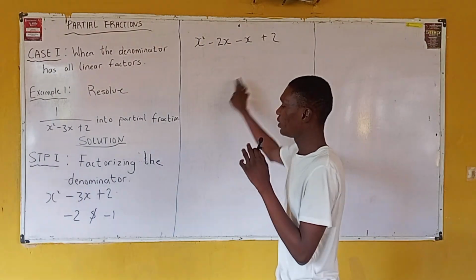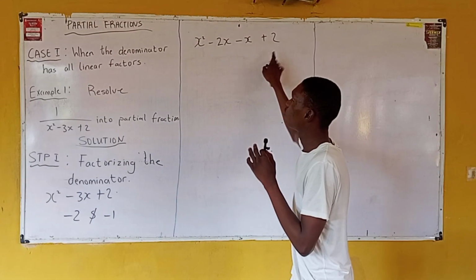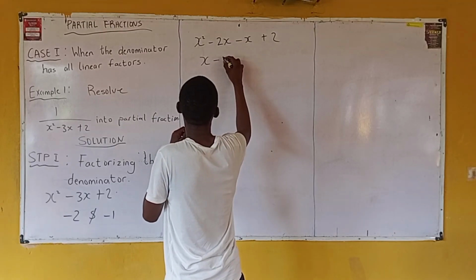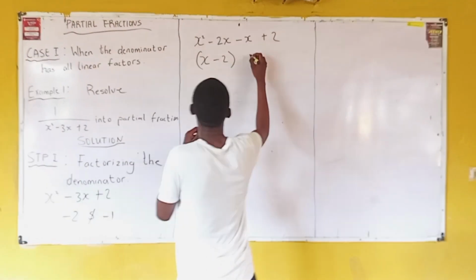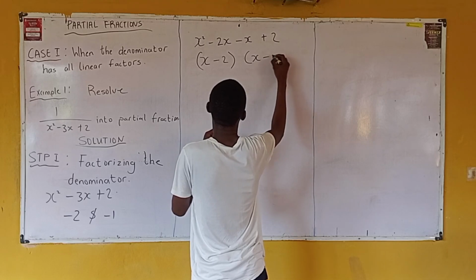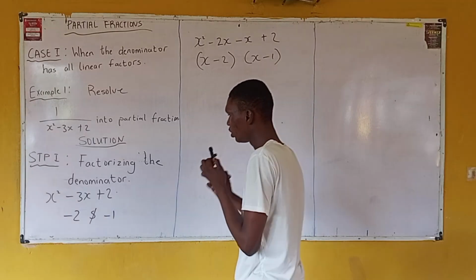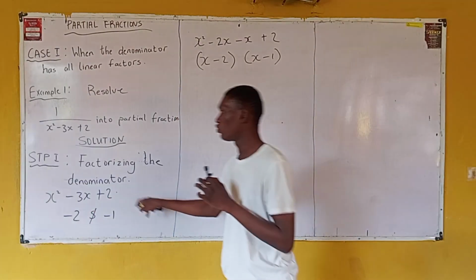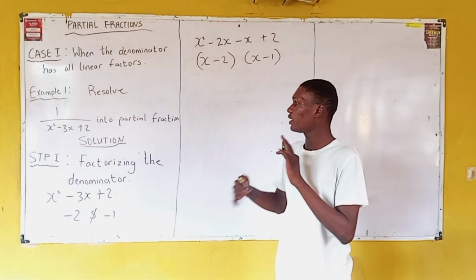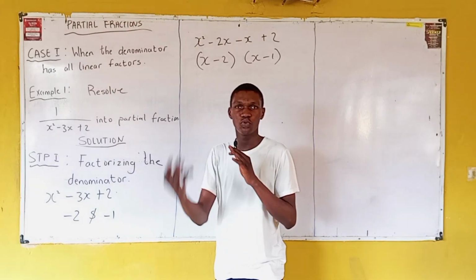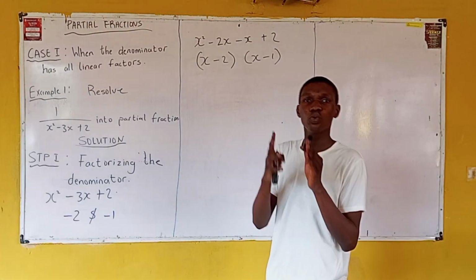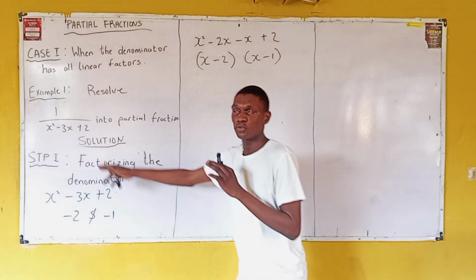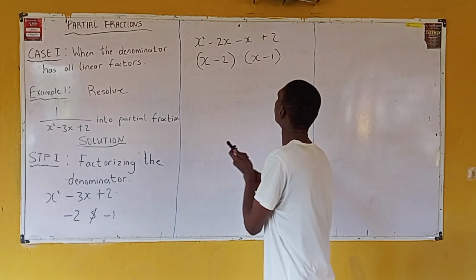So now we can bring it out that x minus 2 and x minus 1 will simply give us x squared minus 3x plus 2. So that is the idea behind it. When you are given the denominator as a quadratic equation, just look for two linear factors that multiply to give you that same quadratic equation. So let's go on.